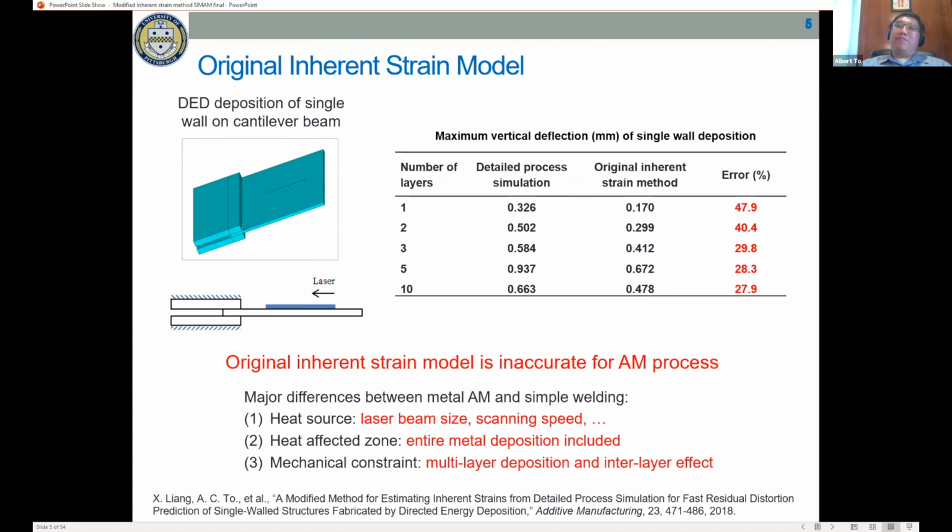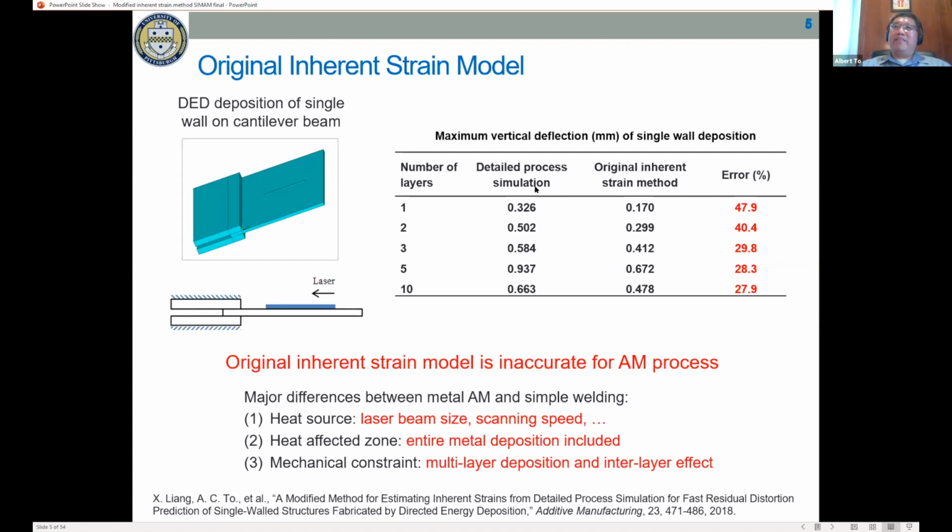And then from this process simulation, we extract the plastic strain and put it back into a quasi-static analysis, through the original inherent strain method, to predict the distortion.